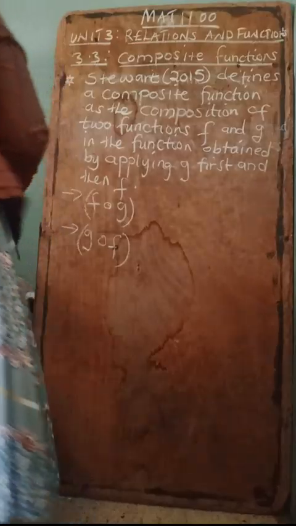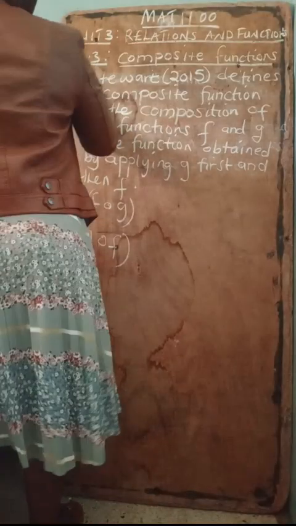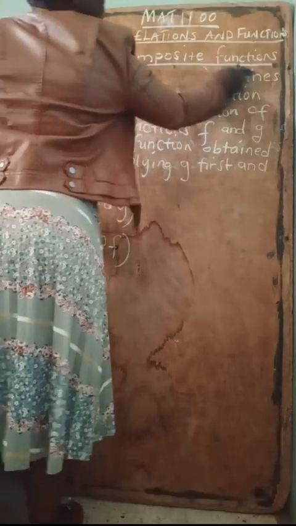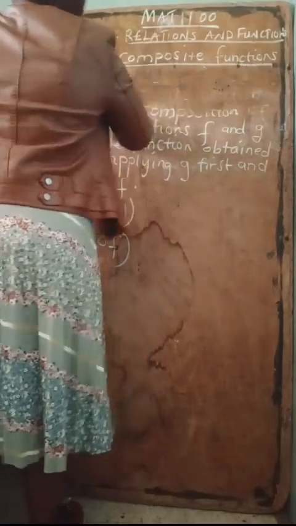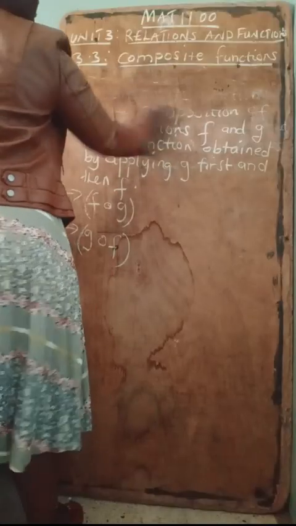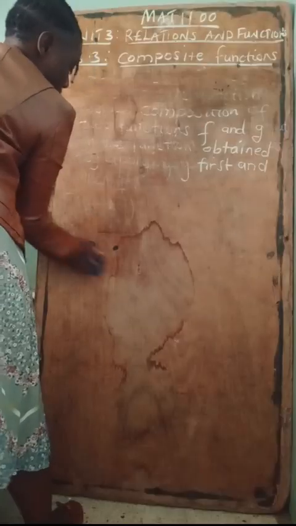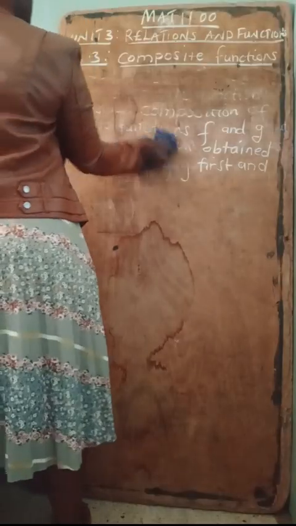Okay, after that, let's go to examples. Let's now look at the examples that we can find under composite functions. How do we solve these two different functions put together?